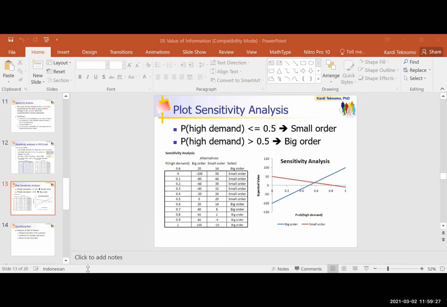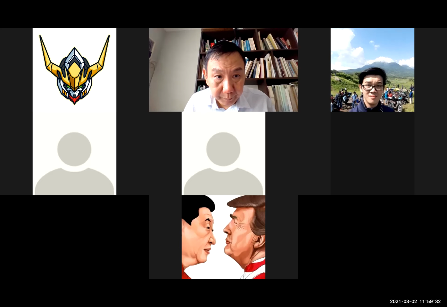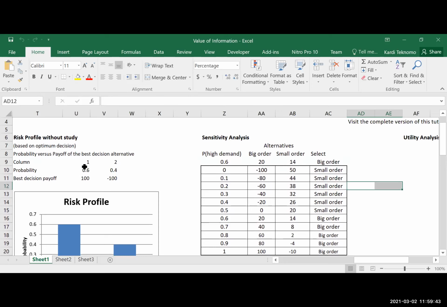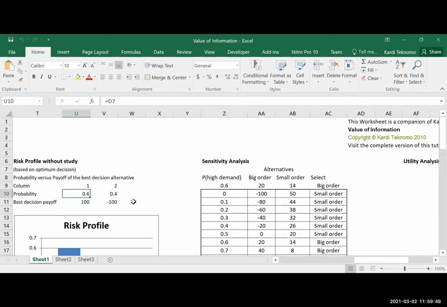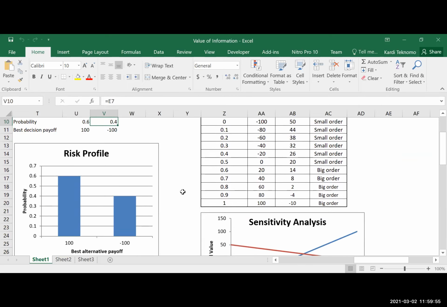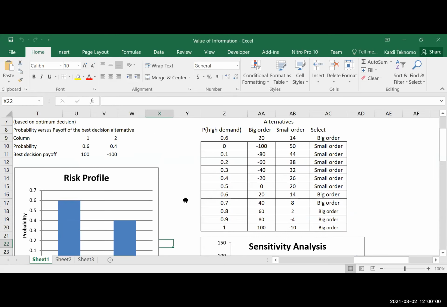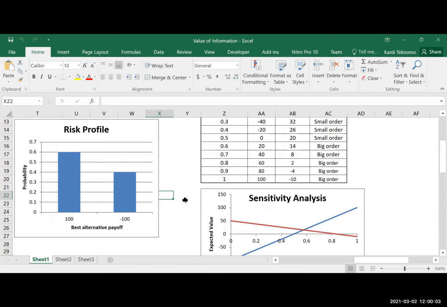So I can show you what I did in Excel. Here, without market study, this is what I did. I just put the probability 0.6 and 0.4, right? And this is the risk profile. The risk profile represents the optimum result of your decision making.